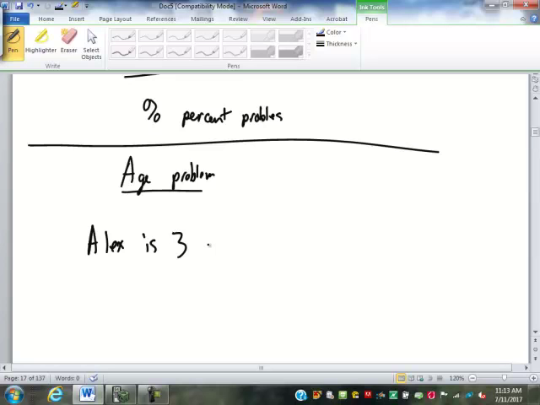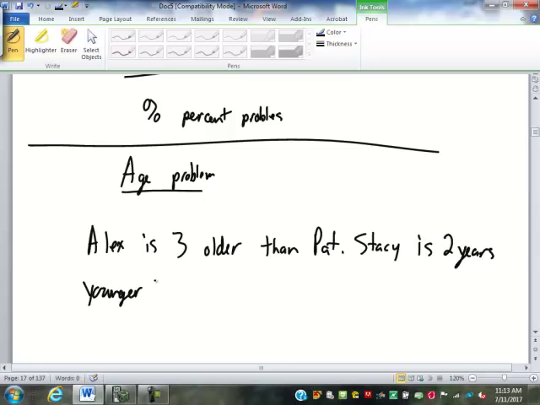So Alex is 3 years older than Pat. Stacy is 2 years younger than Pat.